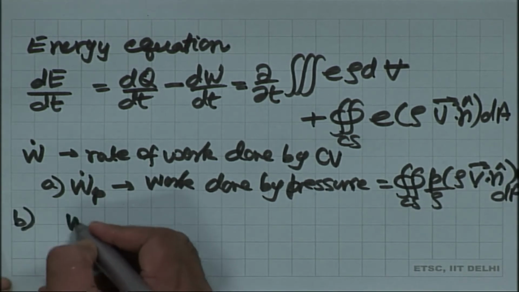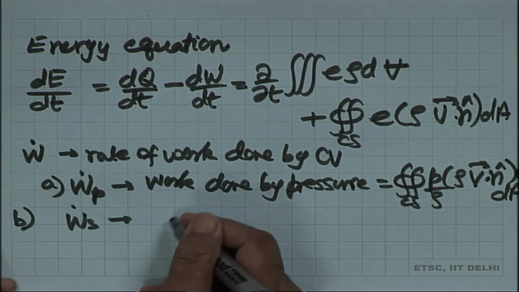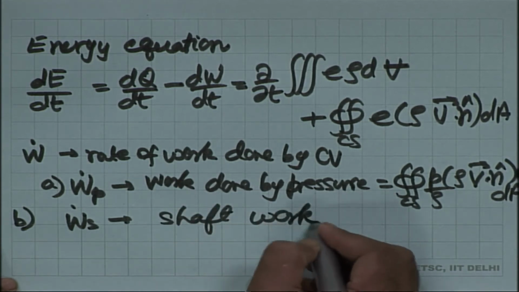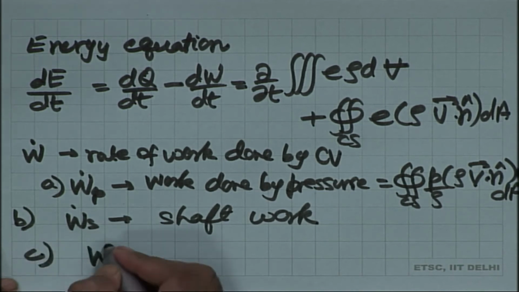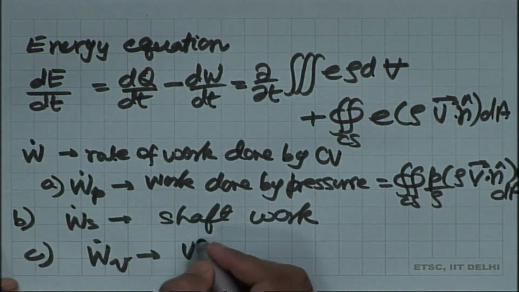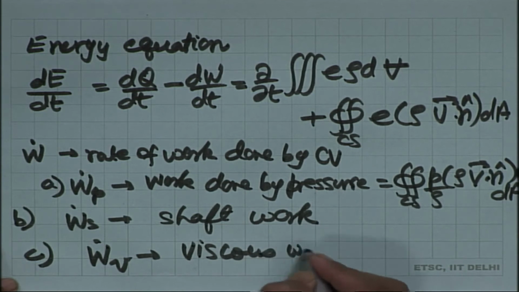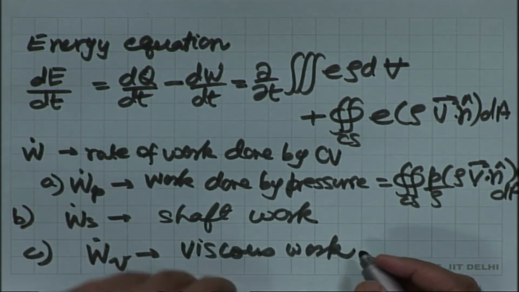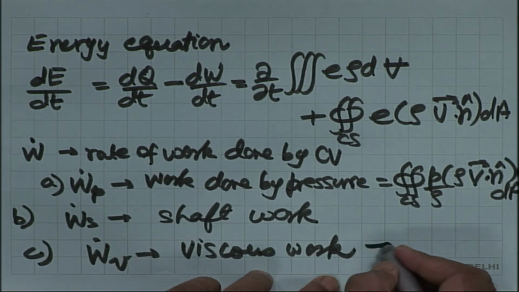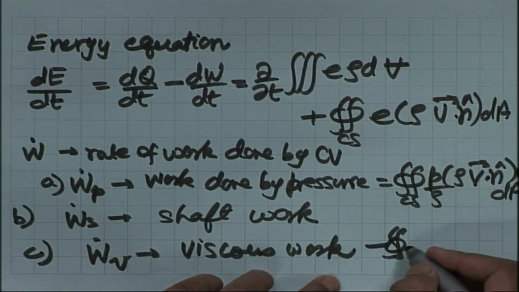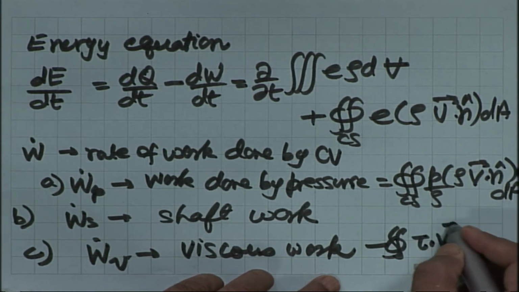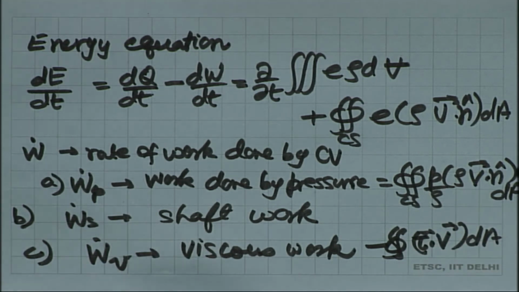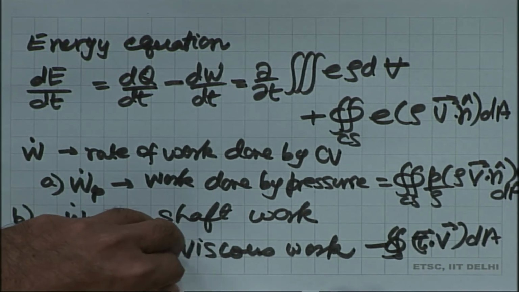The second component is W dot S, shaft work, and the third component is W dot V, the viscous work, given as minus integral tau dotted with V dA. So, this was the total viscous work.